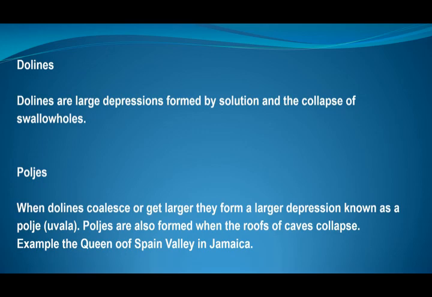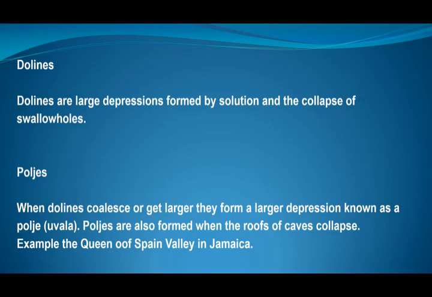I also want to make note that dolines can also be formed when the walls of two adjacent sinkholes or swallow holes collapse, eventually forming a larger depression known as a doline.